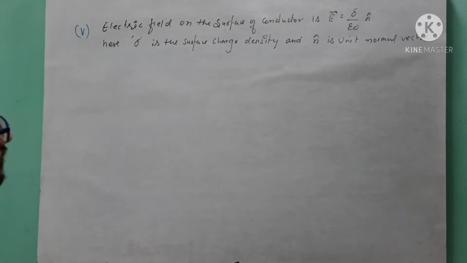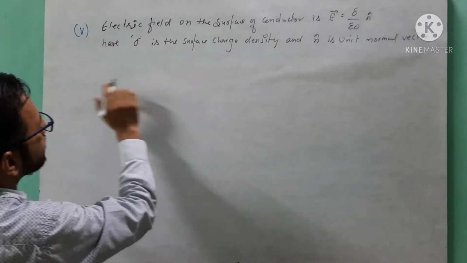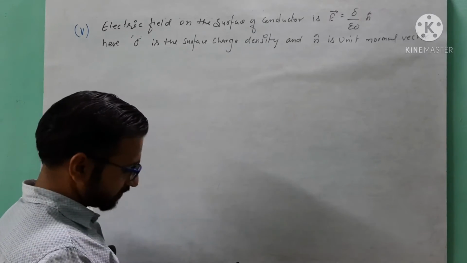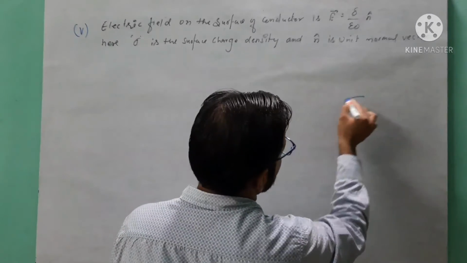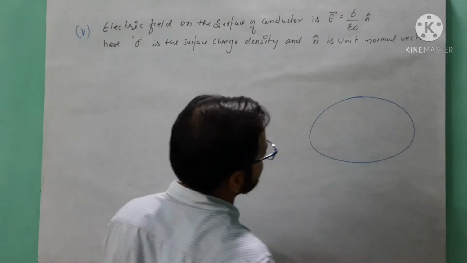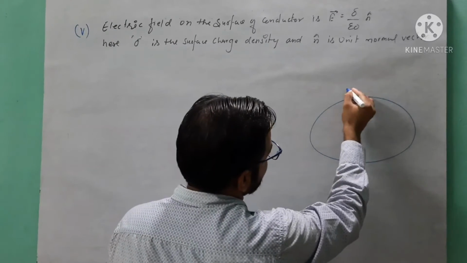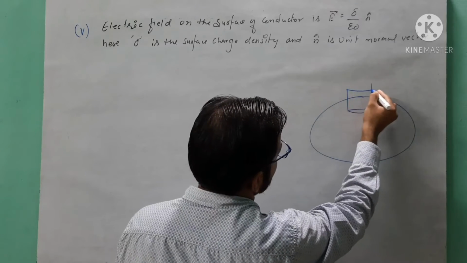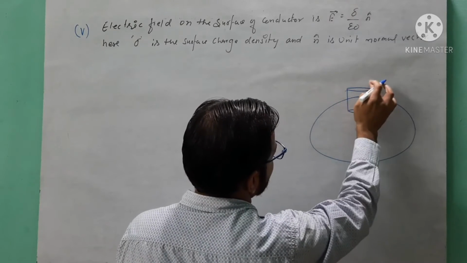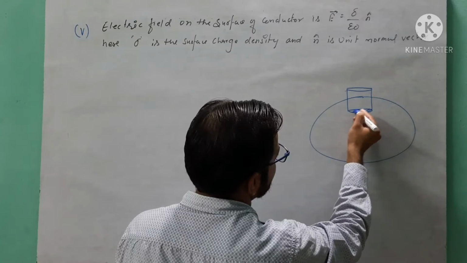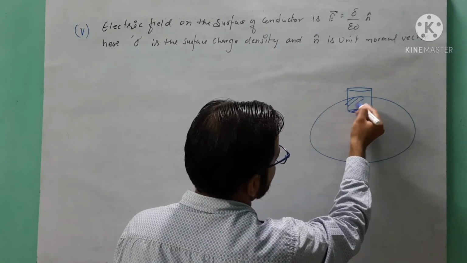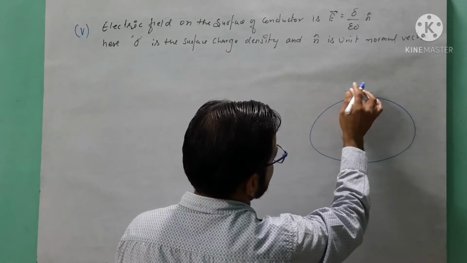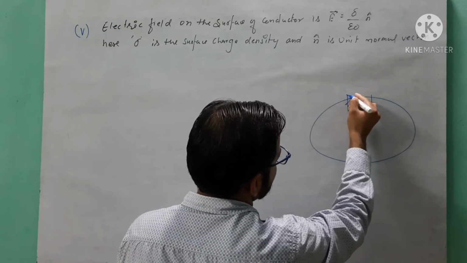Okay, so to prove this result, we will consider a cylindrical Gaussian surface, which has two surfaces. One is this part, this complete part, which is inside the conductor, and this one is just outside, meaning on the surface.